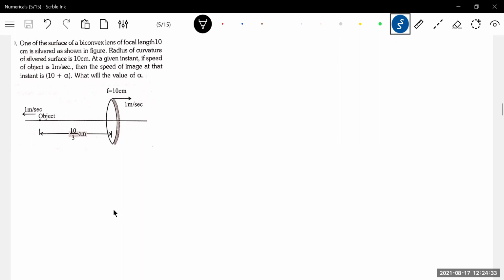So first we'll replace this with an effective mirror. The formula will be 1 by f. The radius of curvature of the silvered surface is 10 centimeter, so minus 5, plus 2 times the focal length of the lens, which is 10, so minus 1 by 5 minus 1 by 5, f equals minus 5 by 2 centimeter.